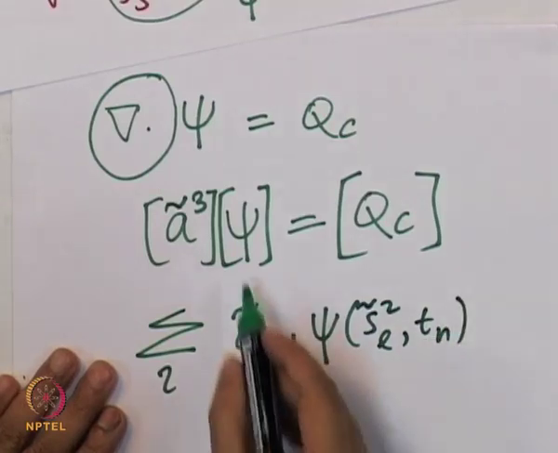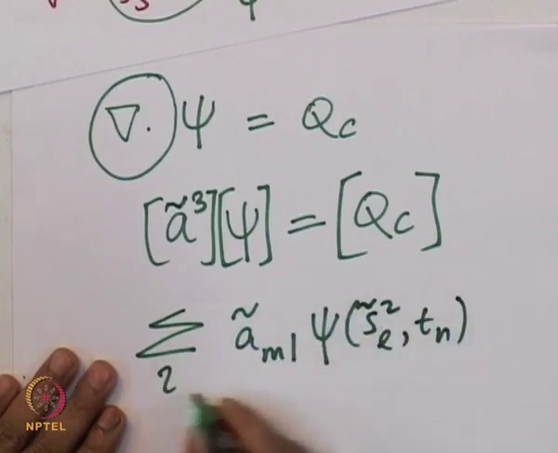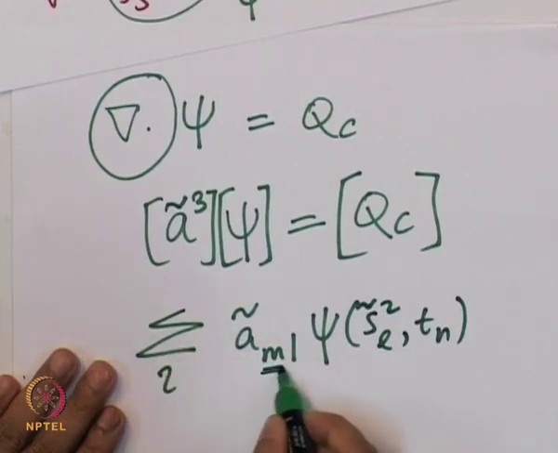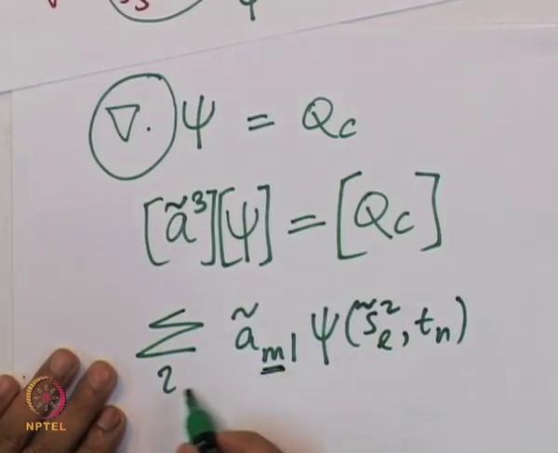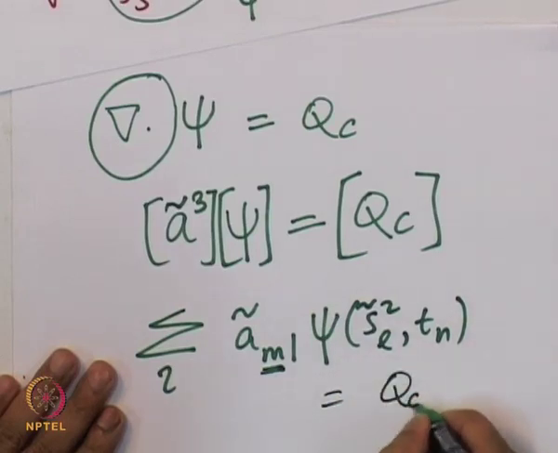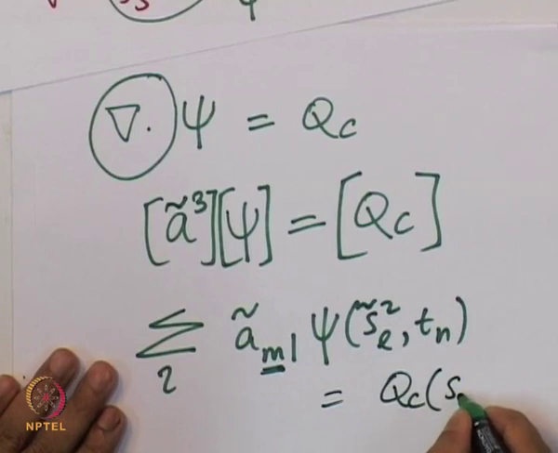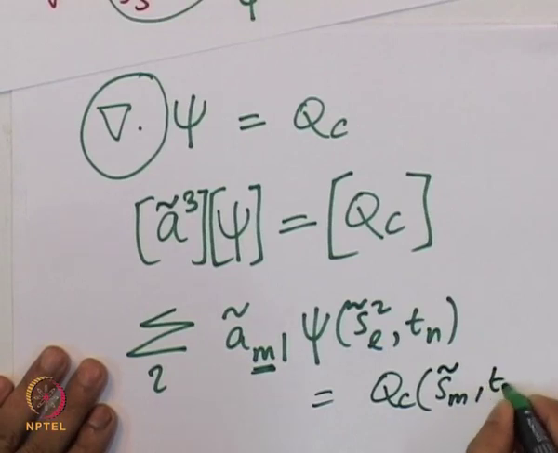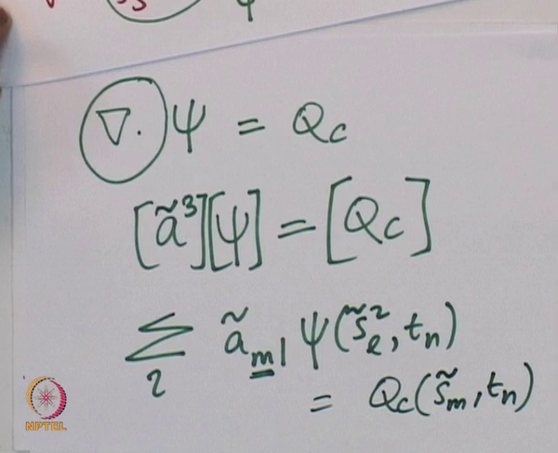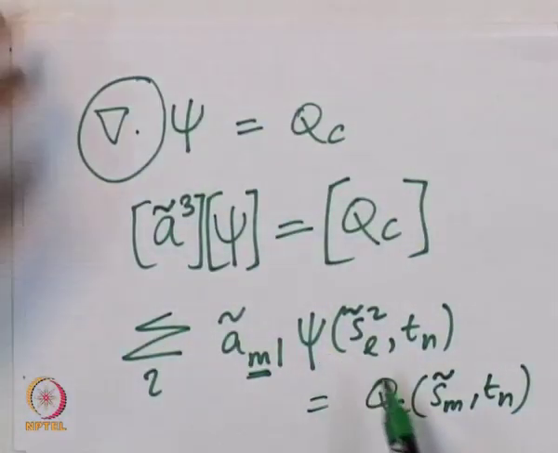The right hand side is the same one. These are the sum of all surfaces that are enclosing this volume M. When we do this, we get the same equation, and this is equal to Q_C, which is defined on that control volume. This control volume is in the dual space, and it is calculated at the primal time.